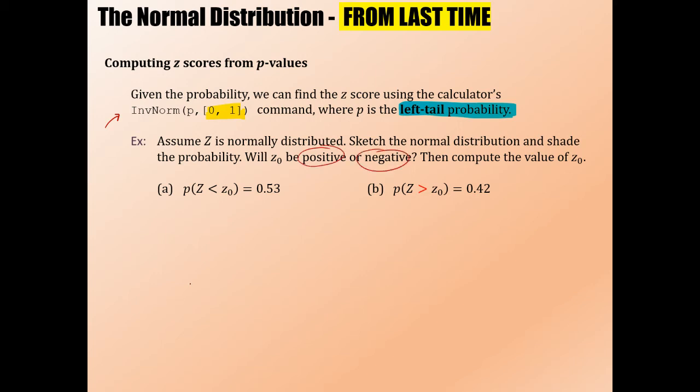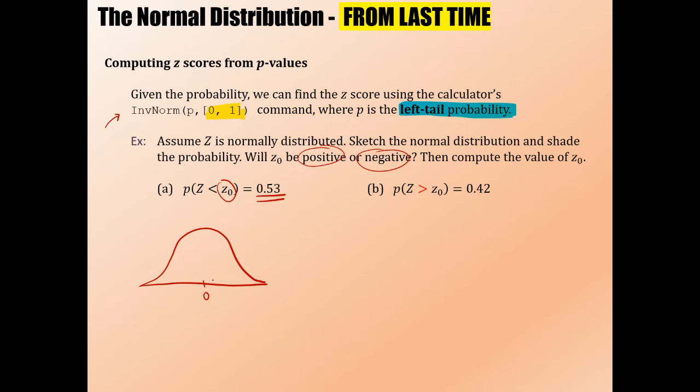So we're going to go ahead and sketch these. I'm going to do the same process that I just did in the last one. Let's sketch it and label it, and then let's go ahead into the calculator. So this is 0. I don't know what z sub 0 is. That's my goal to find. But I know that z is less than this, and that's 0.53. So my z score will be above 0, right?